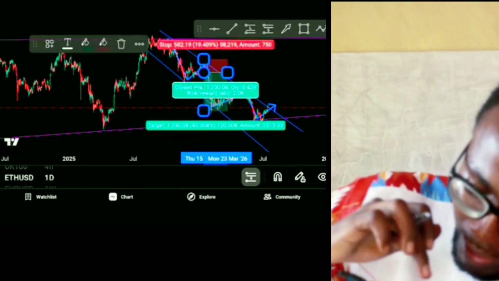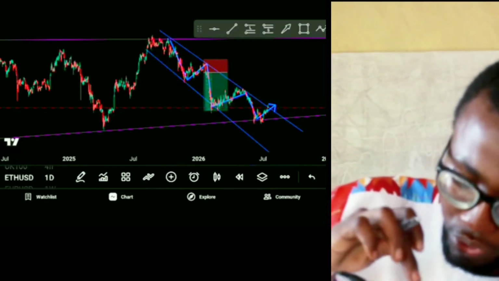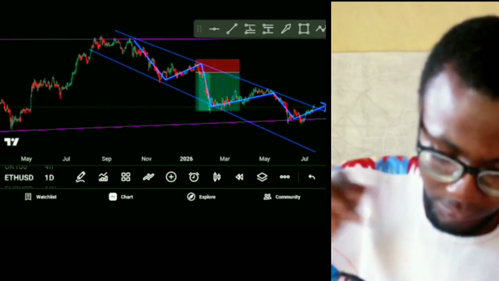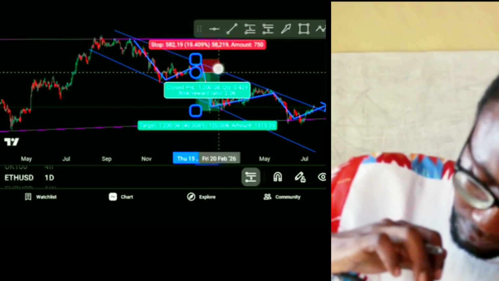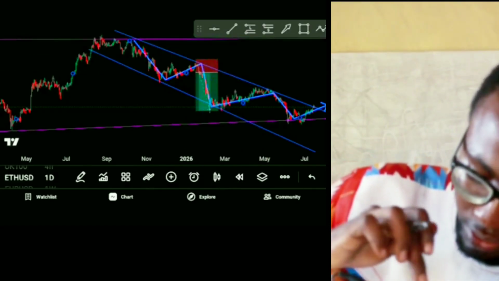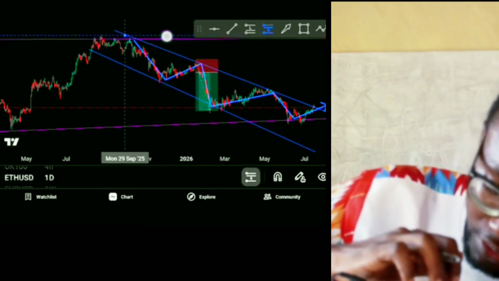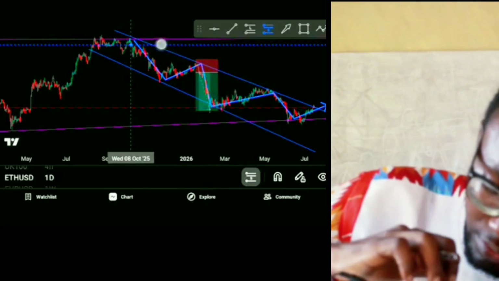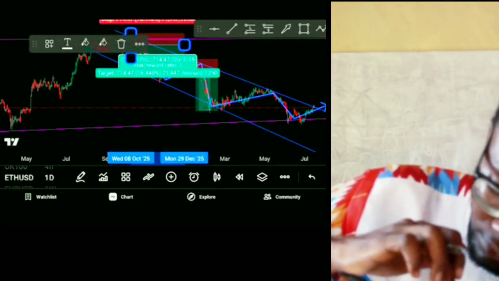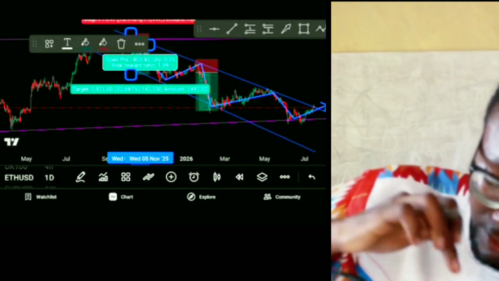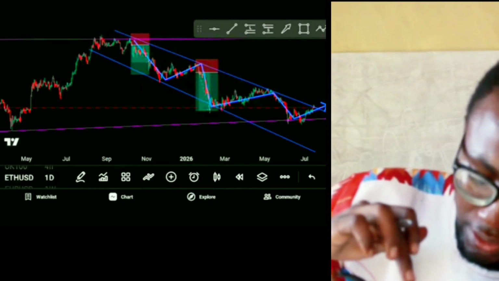Let's imagine that you went short around here. You would have taken your profit here. Now, you will take your profit there. Imagine you went short around here. You are taking your profit around here, right?